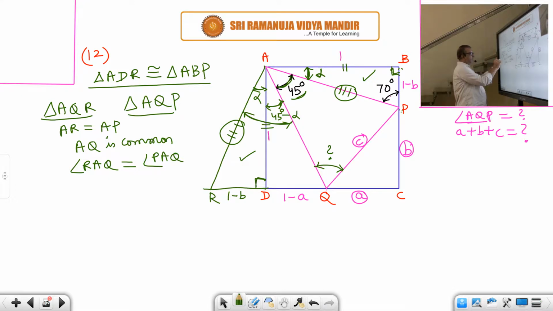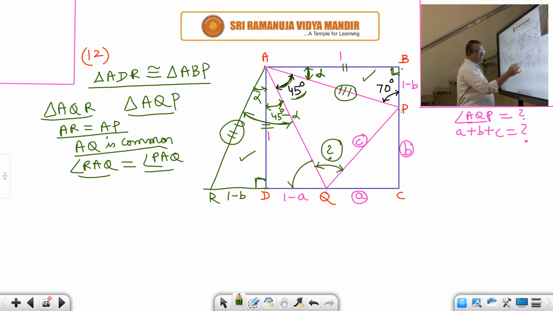Two sides are equal, AR is equal to AP, AQ is common side, and the angle between them is 45, 45. So the two triangles are congruent. Two triangles being congruent means this angle, whatever angle is being asked, must be equal to this angle, because these are the corresponding angles. But what is this angle? Let us see.